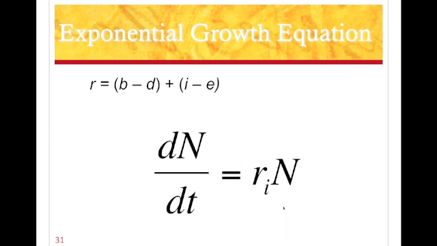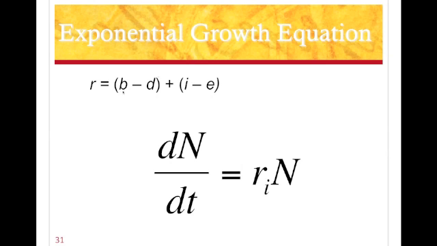Okay, exponential growth. The intrinsic per capita rate of growth is measured as this letter here, R. So what is R? What is the growth rate? The growth rate takes into account two sets of phenomena that occur in populations.